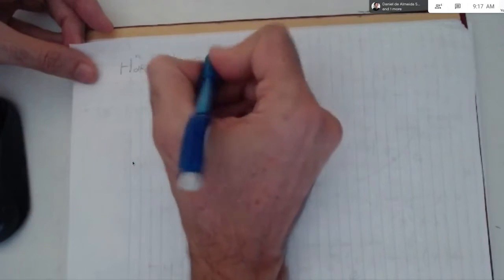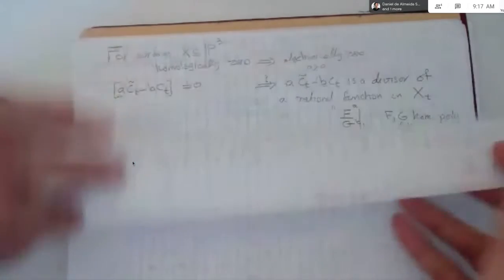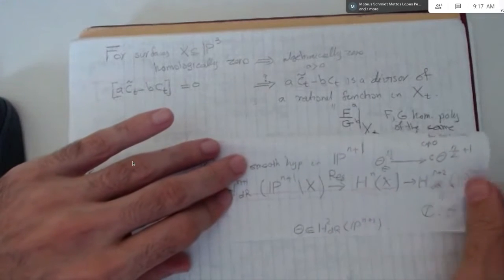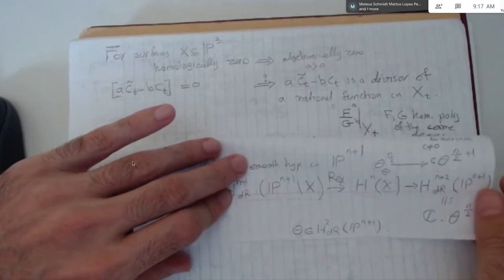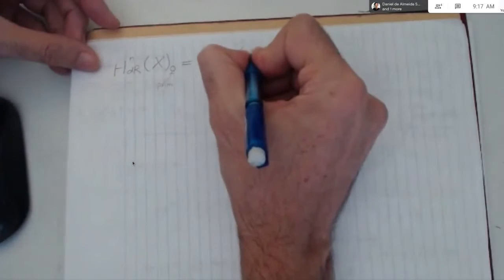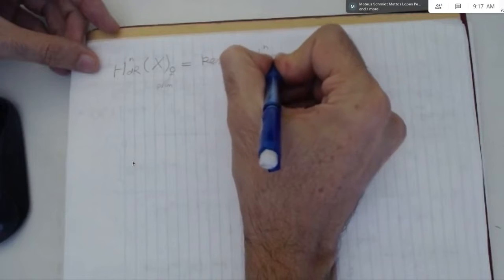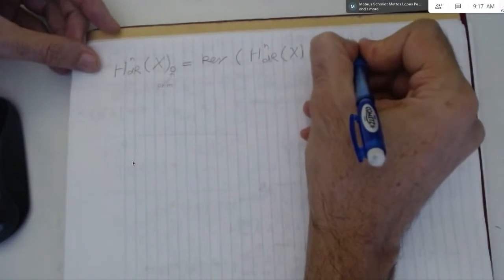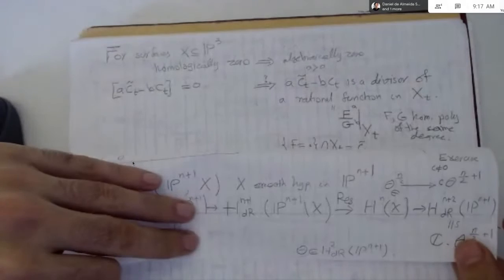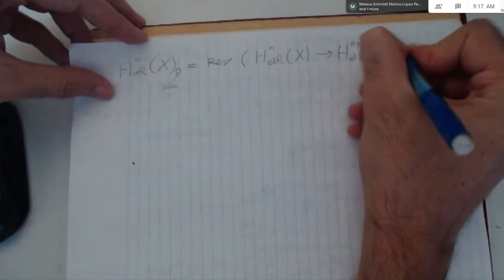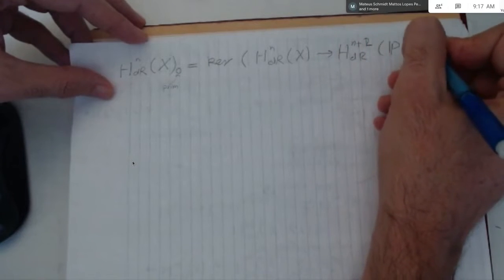So this primitive cohomology will be just the kernel of this map, H^{n+2} de Rham of P^{n+1}.